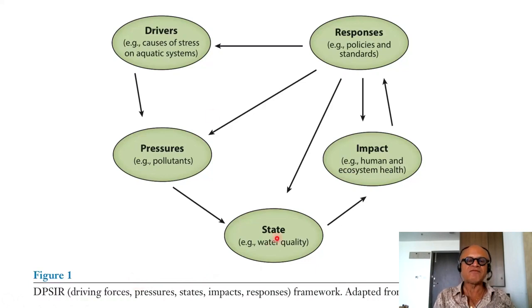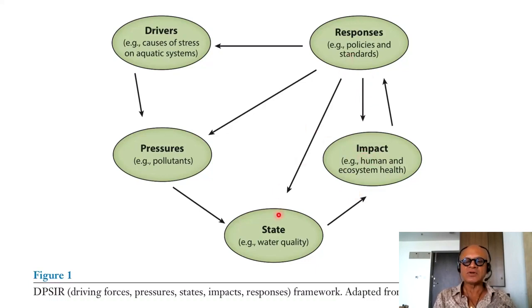This is the paper from which this schematic is adopted for the review paper that we are looking at. So here are the drivers, causes of stress on, let's say, aquatic ecosystems, and the pressures include things like pollutants, which drive the state like water quality, and then the impacts such as human and ecosystem health, which feed to the responses in terms of policy standards, and then feed back on the impact, hopefully reducing it.